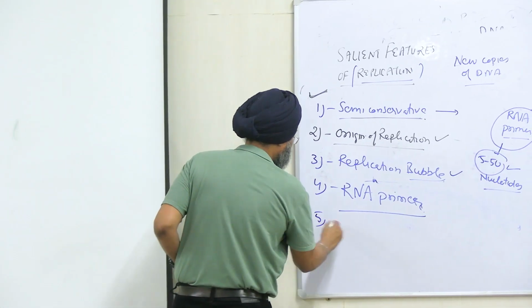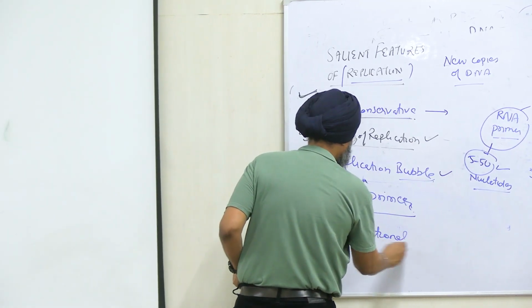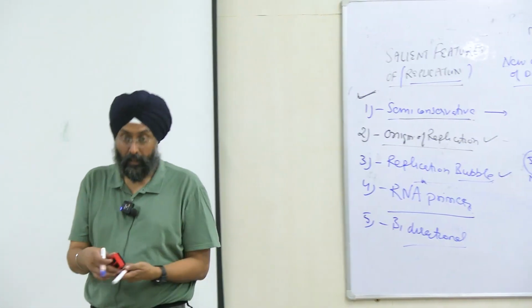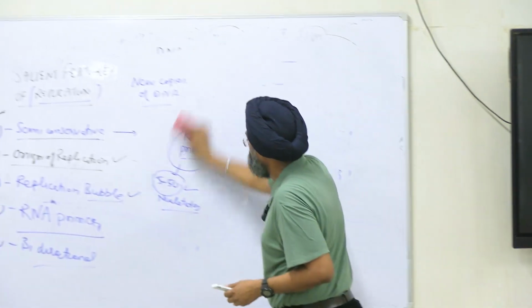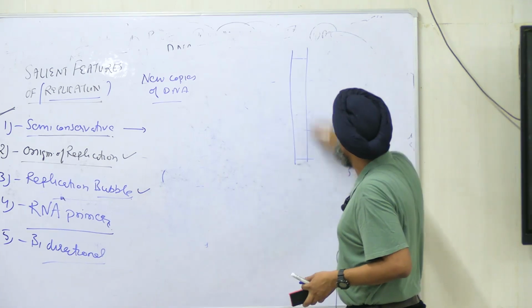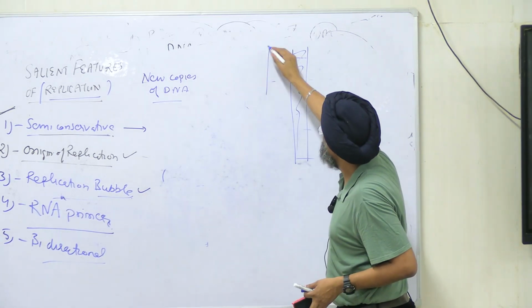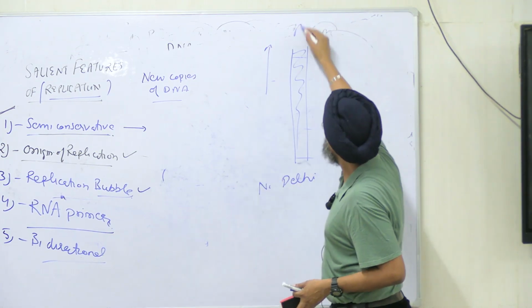And one more point, that is bidirectional. What is the meaning of bidirectional? That means it is on two sides. Suppose this is a national highway, and here is New Delhi and here is Amritsar.